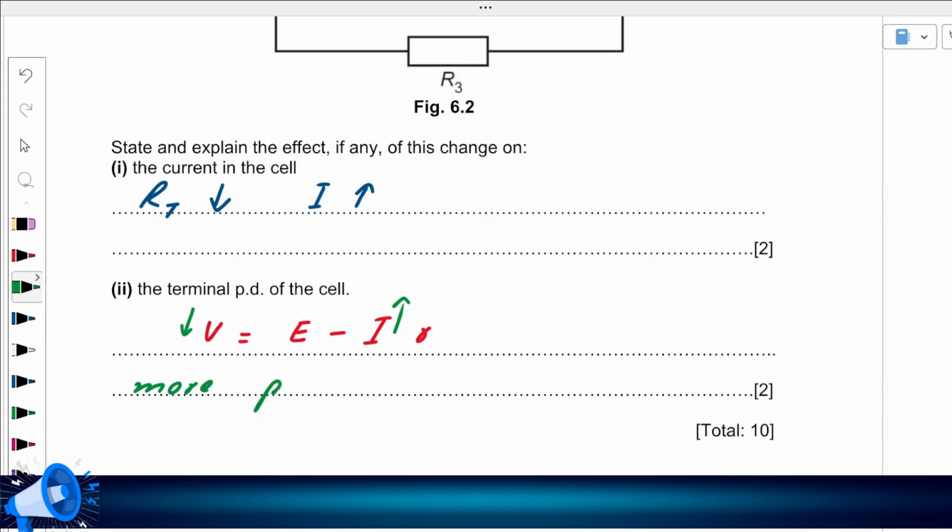So more potential difference across the internal resistor, hence the terminal potential difference of the cell will be decreased.